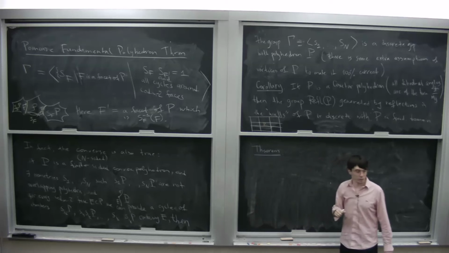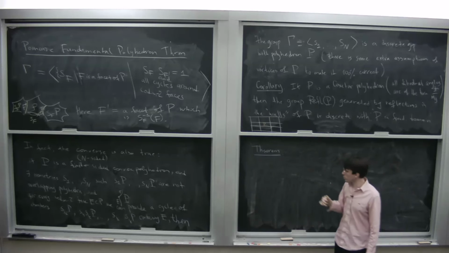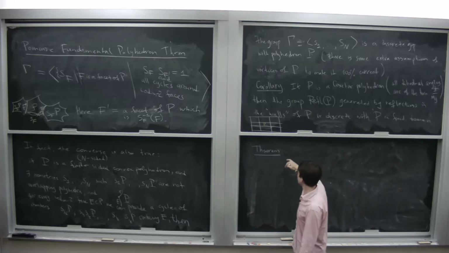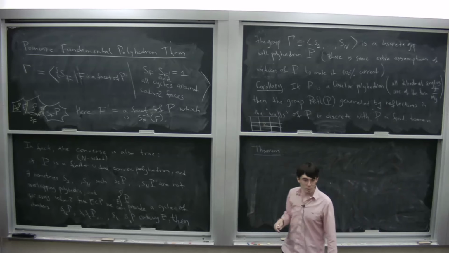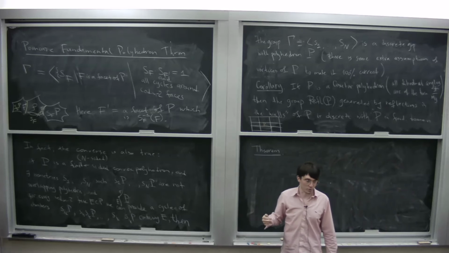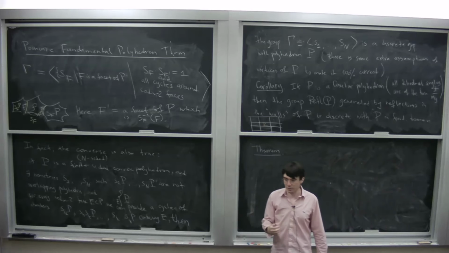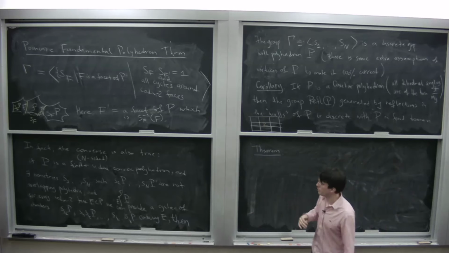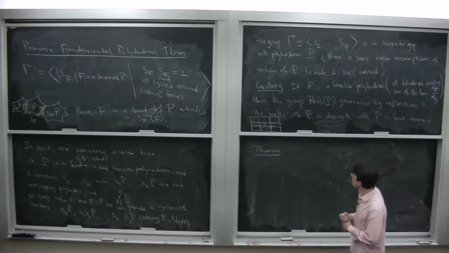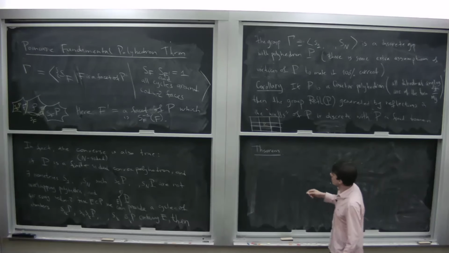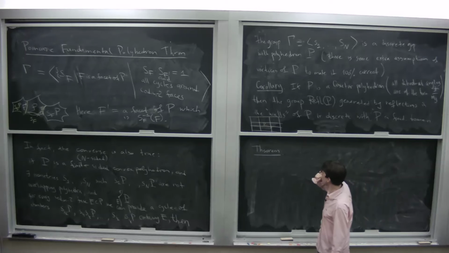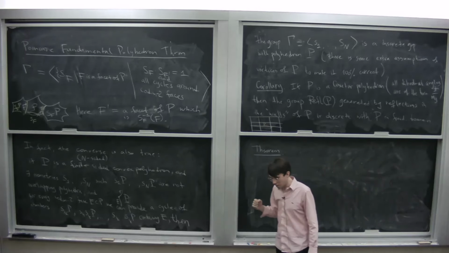Okay, so let me tell you that if gamma is a discrete group, then we say it's cofinite if the volume of the fundamental chamber is finite, and it is co-compact if the fundamental chamber, or the fundamental domain, is compact, right? So in fact, the following theorem is true.